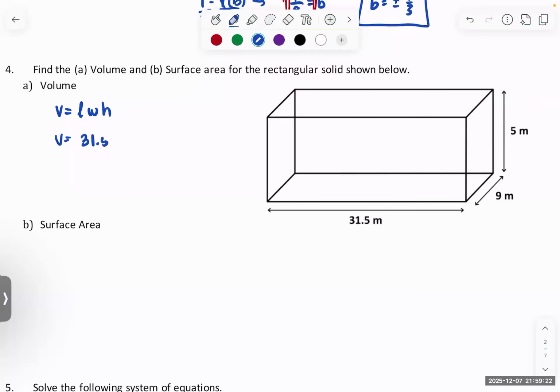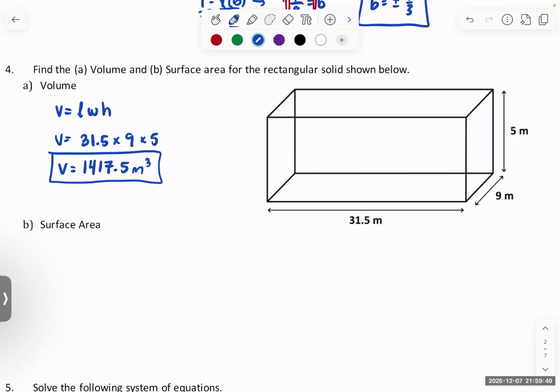So 31.5 times 9 times 5, which if I did this correctly in my calculator is 1417.5 meters cubed. Okay, it has to be meters cubed because you're in the third dimension.